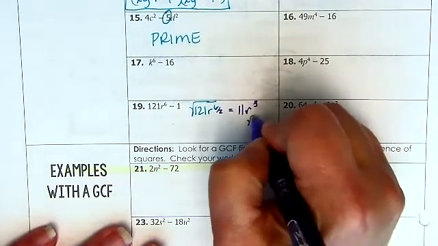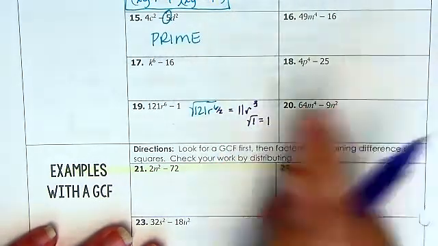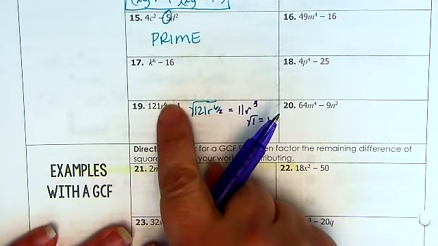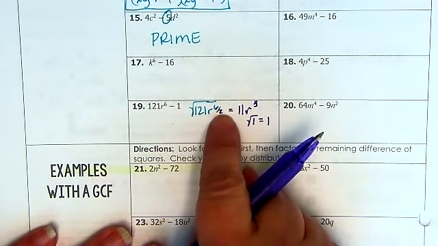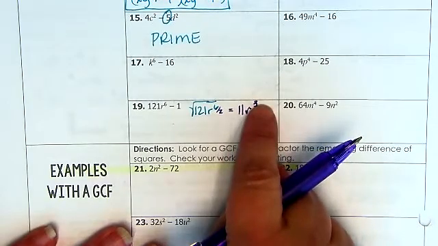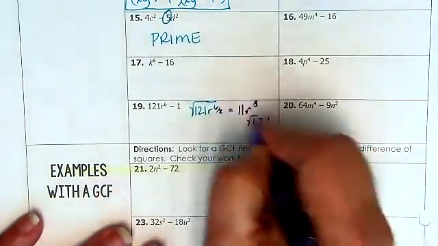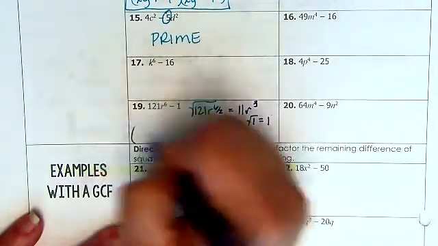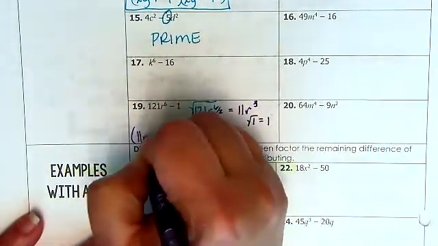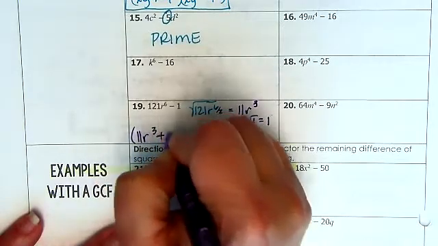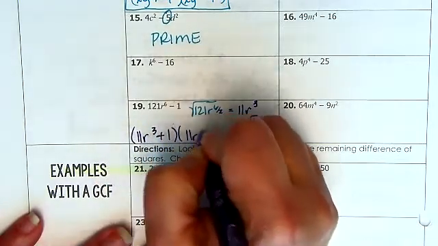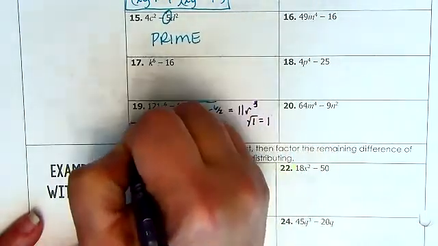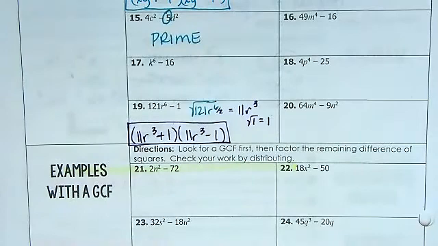And then I have the square root of 1, which is 1. That's the big new thing here: when you're taking the square root of an exponent, it's really like you're dividing by 2 to get your new exponent. So therefore, this is a perfect square because we've got subtraction and 2 perfect squares. So I'm going to have 11r to the 3rd plus 1 and 11r to the 3rd minus 1. And that is my factored form.